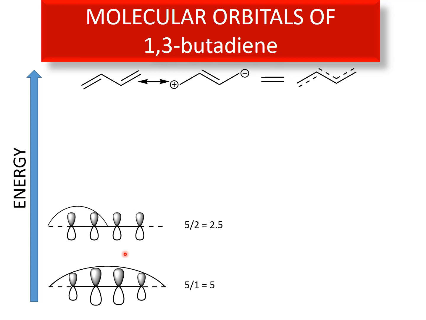So it starts from here and it covers a distance of 1, 2 and 2.5 bond distance to meet this sigma framework here, and then from here it goes down to cover another 1.5 and 2.5 bond distance to meet at this point, that is 1 bond distance away from the last carbon.